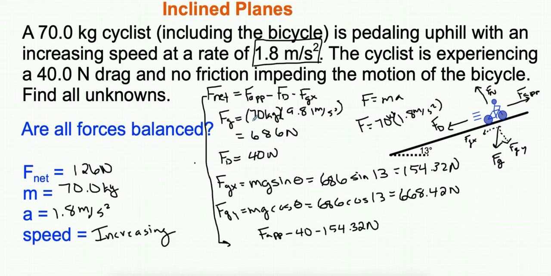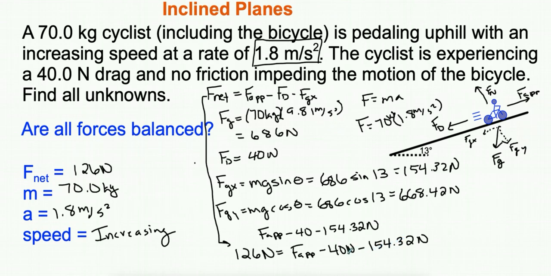So let's just write values in that we have, and then we'll be able to solve for that applied force. So I have 126 newtons, that's my net force. My applied force, I don't know, that's what we're looking for, minus drag, which the problem tells us is 40 newtons, and minus FGX, which is 154.32 newtons. Okay, which is what we found.